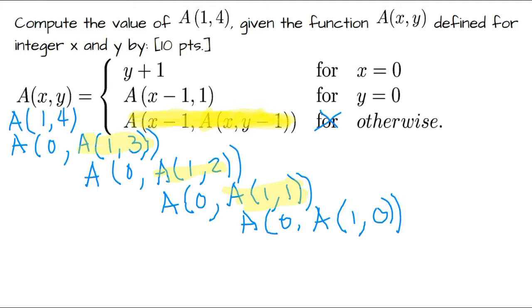In this case it's already 1 0, so the y is already 0, so it will apply now the second case, case 2, where it will translate into A(x minus 1, 1), so this will be A(0, 1).